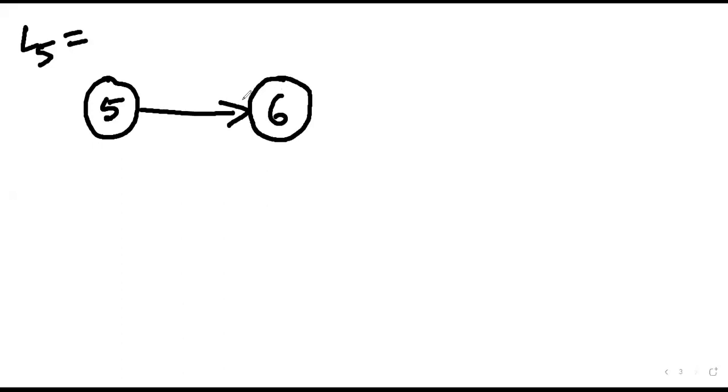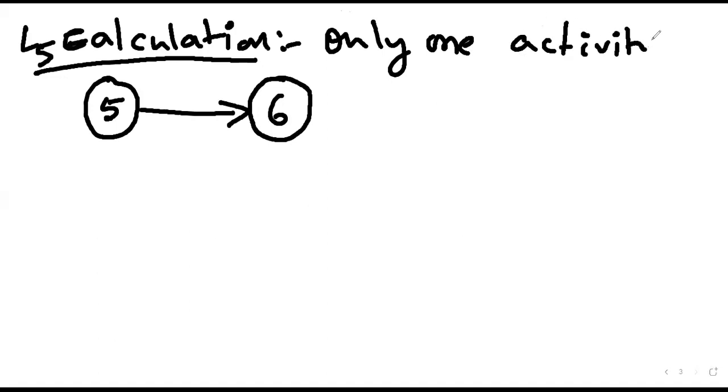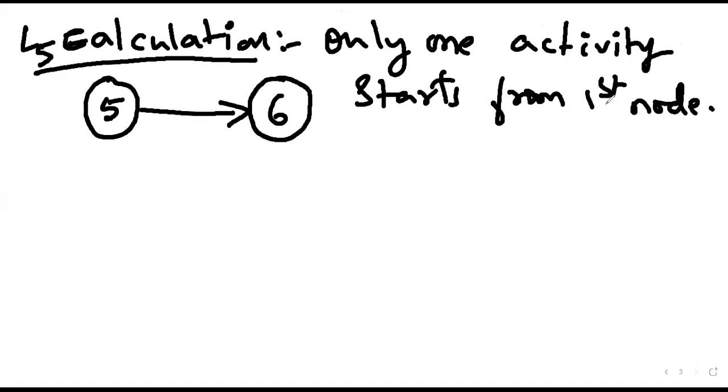Only one activity, is it right? Yes, sir. So for the L5 calculation, only one activity starts from the fifth node, that is 5-6.